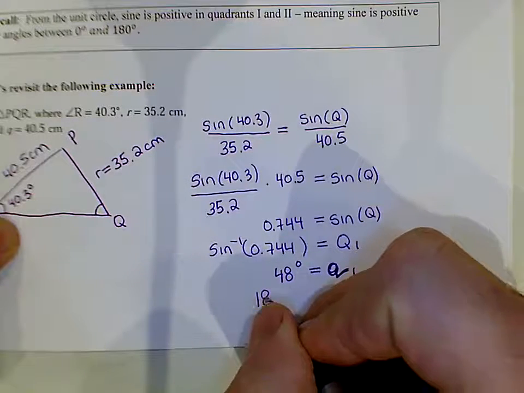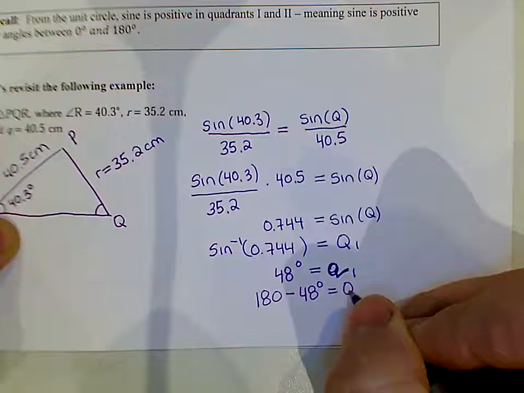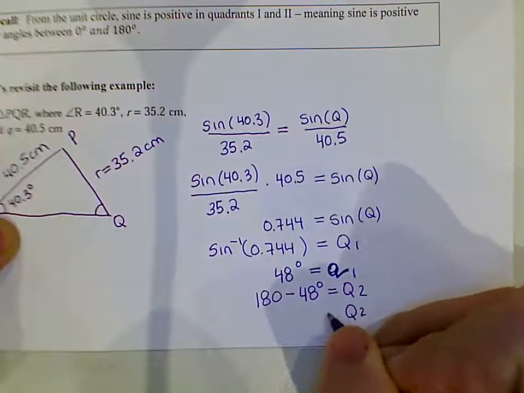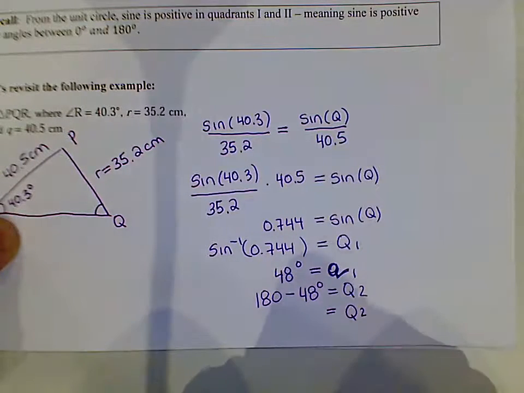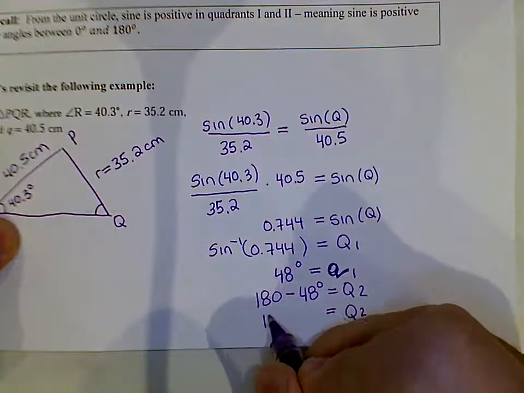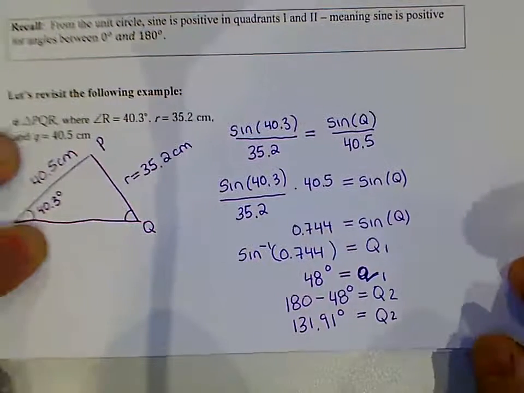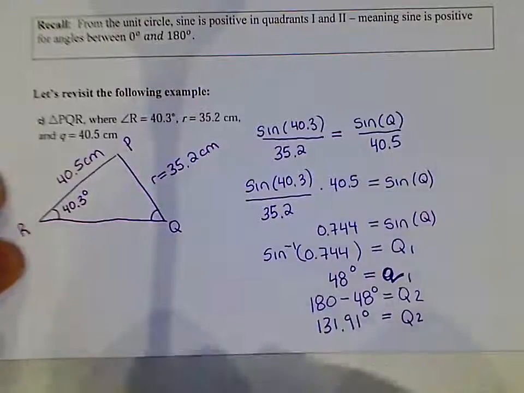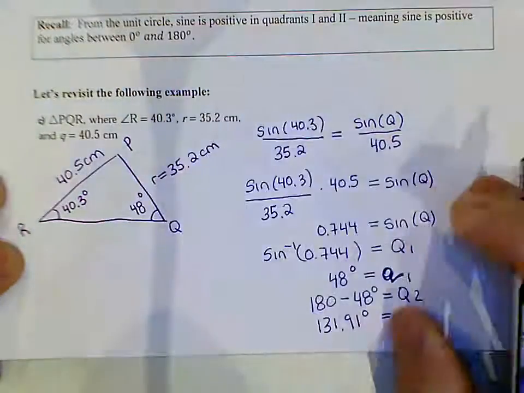So 180 minus 48 is going to give us Q2. So Q2 should be 131.91 degrees, approximately. So it looks like this is one triangle where Q1 is equal to 48 degrees.